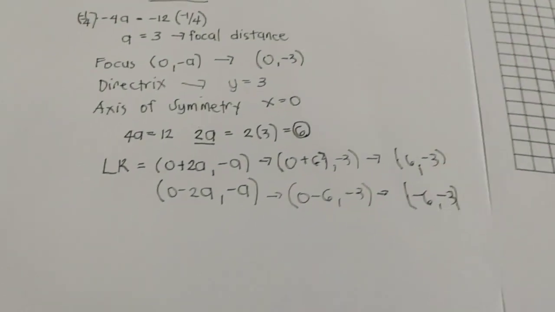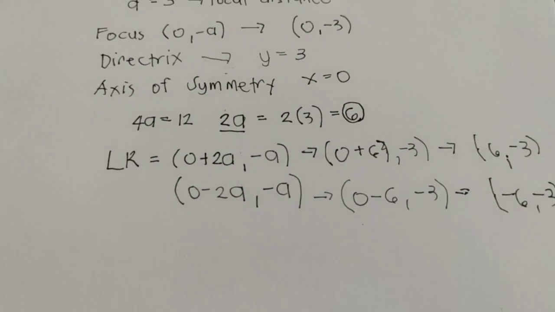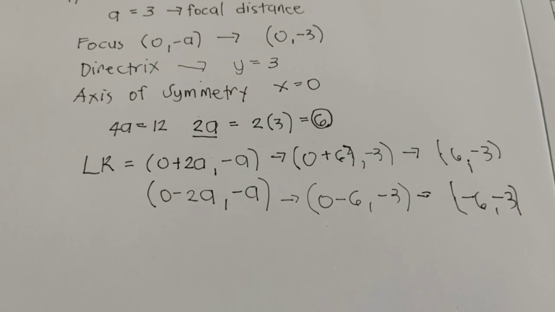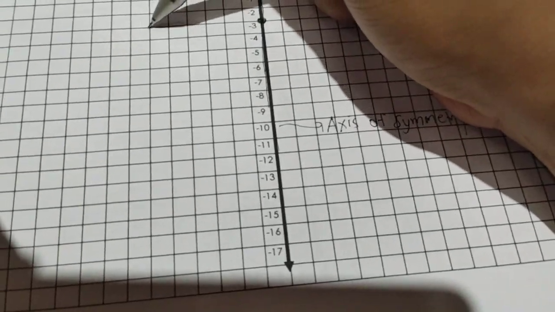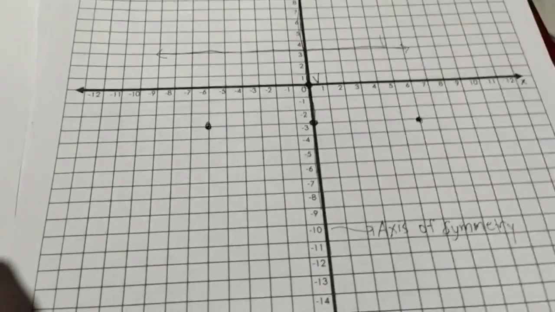And then the endpoints of the latus rectum are (6, -3) and (-6, -3). So we have (6, -3) and (-6, -3).